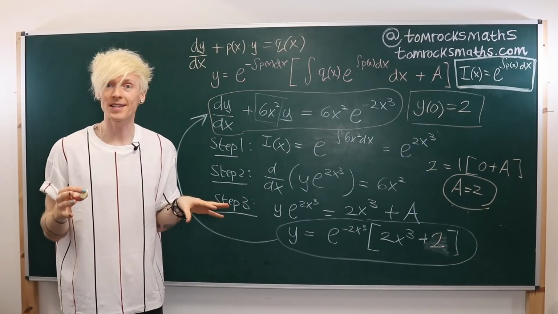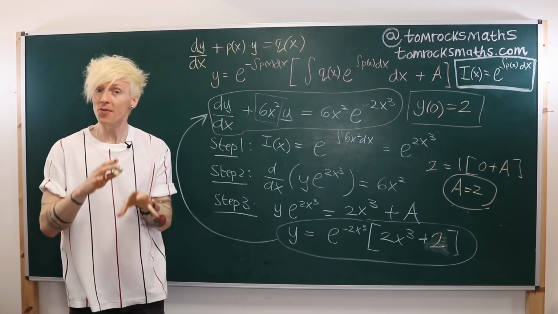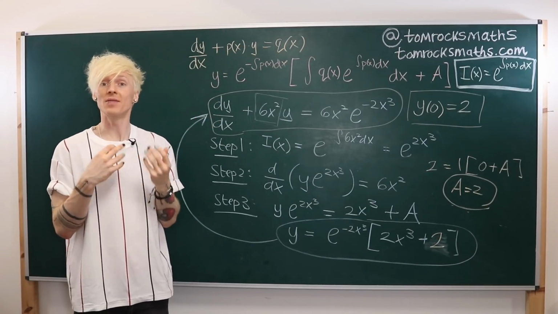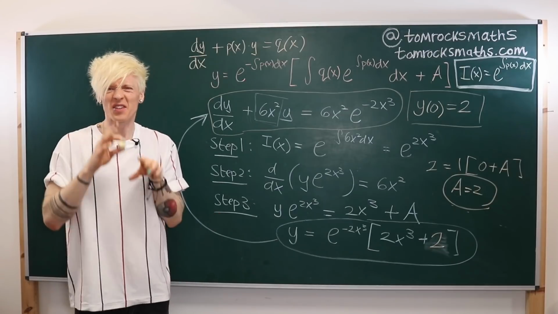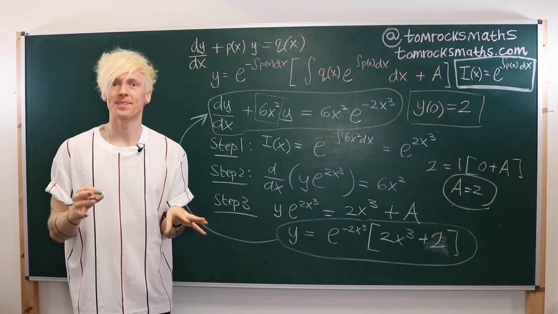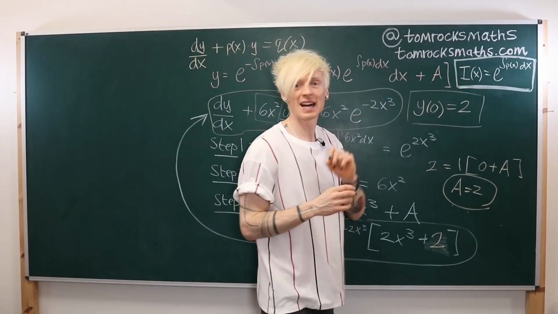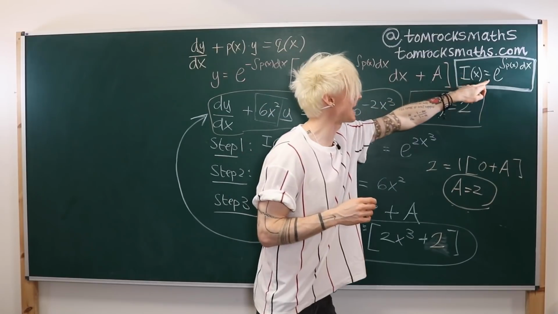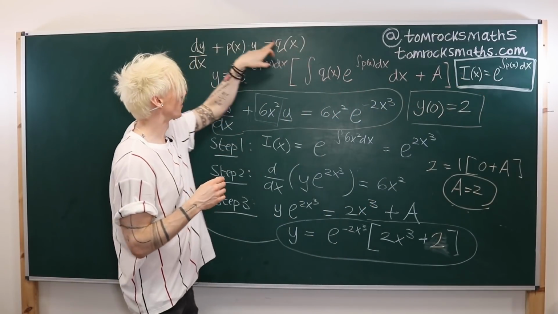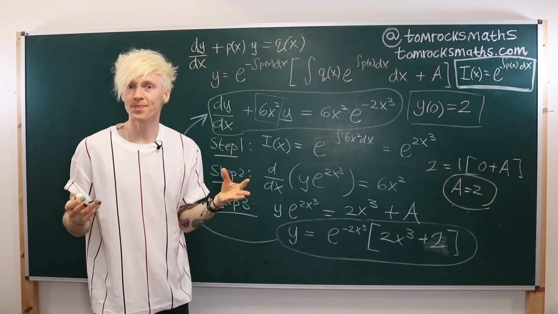So to summarize, when solving a first order linear differential equation using the method of integrating factors, there are 3 key steps that you always must follow. Step 1 is to calculate your integrating factor I of x, which will just be e to the integral of the function multiplying y in the original equation.